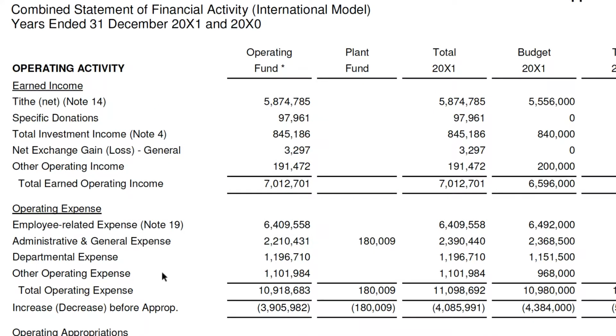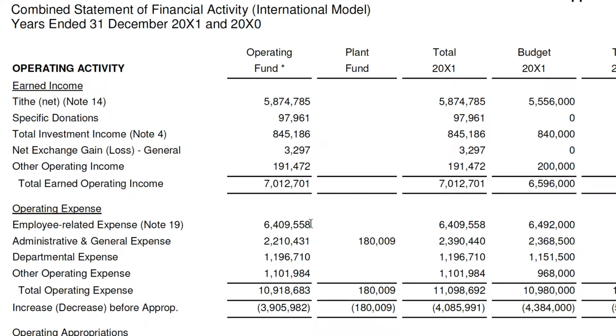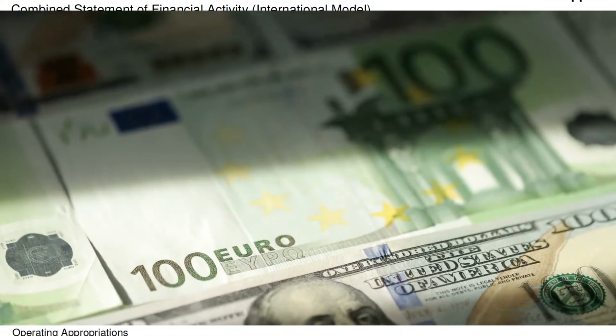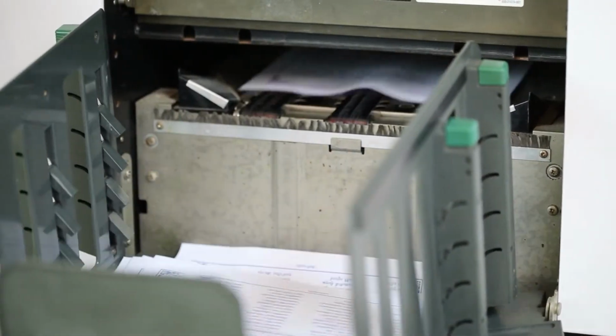Okay, so coming back to this union example, union financial statements right in front of us, this employment related expense of 6,409,558 is not what we paid the workers, it's what we owe them because they worked during this time period. We have a photocopier that we rent. When we paid for the photocopier is not when it becomes an expense. It becomes an expense during the month we use the photocopier and made the copies.